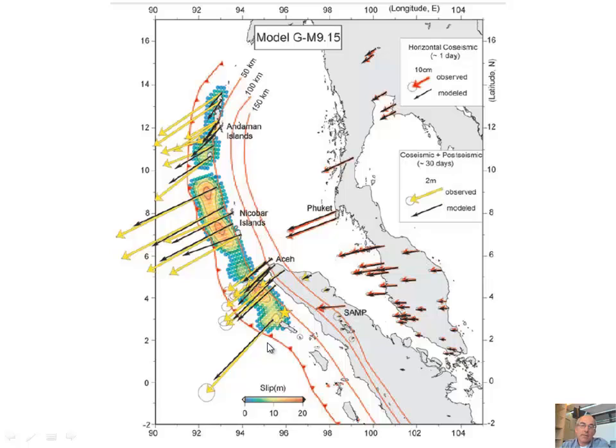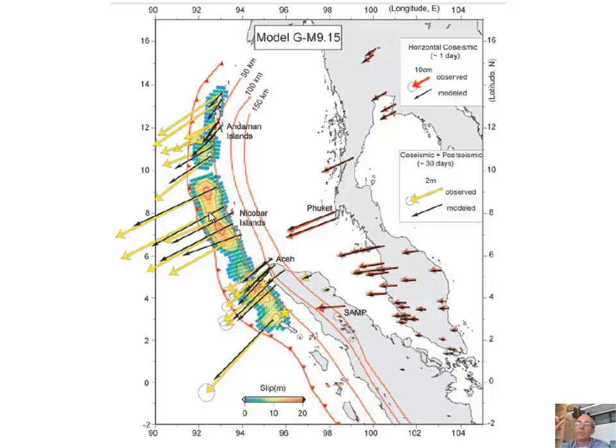You can see they have as much as 20 meters of slip in some patches. It's pretty long compared to Tohoku. I don't have the scale, but I think Tohoku would be maybe a third or a half the size of this earthquake in terms of horizontal extent.